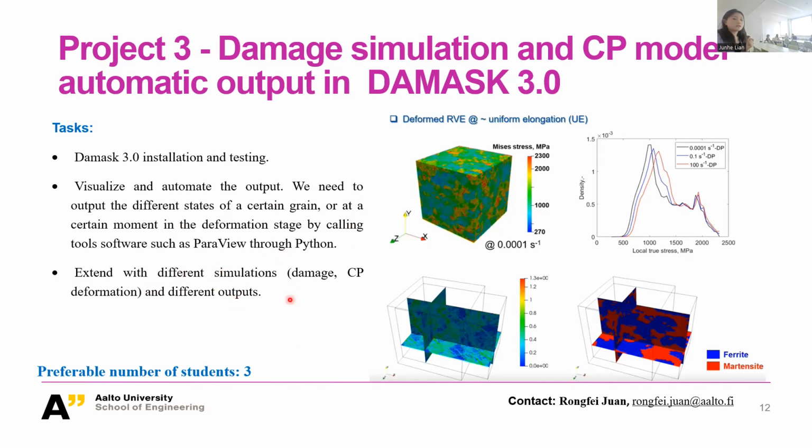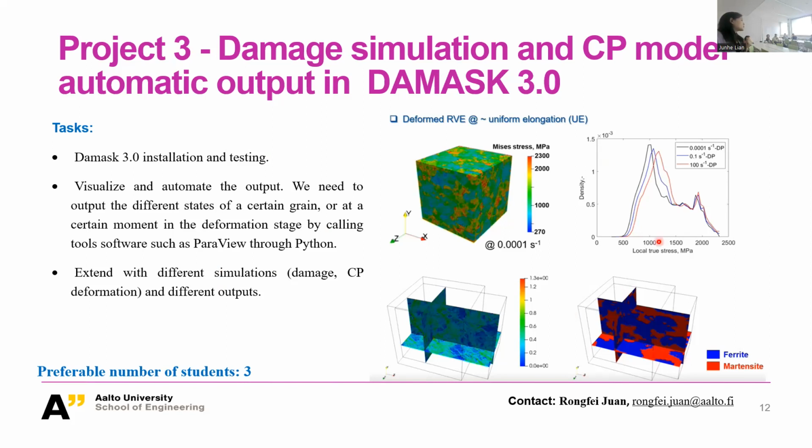And the final task, we need to extend it with different simulations like damage and deformation and different outputs. I can show you the two figures here. Here, the blue one is ferrite in steel, and the red one is martensite in steel.